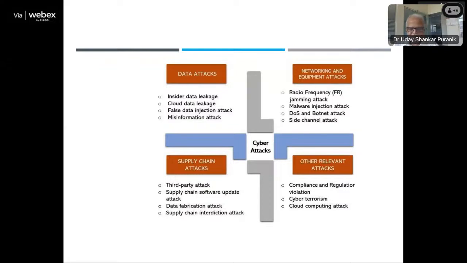They may even fabricate data and try to create confusion in the supply chain. And they can also try to use the supply chain to create a major cyber attack against vendors and all the stakeholders in the same system, or even in a related system which is in a way connected to this system.